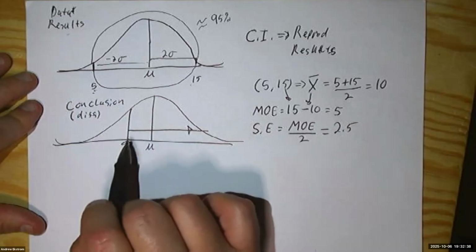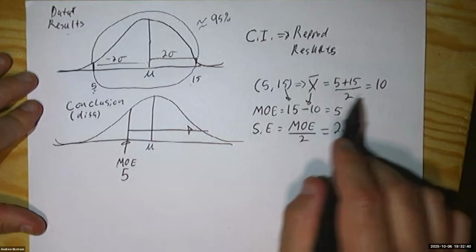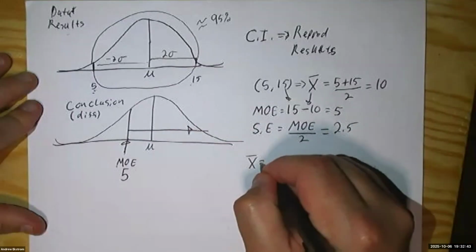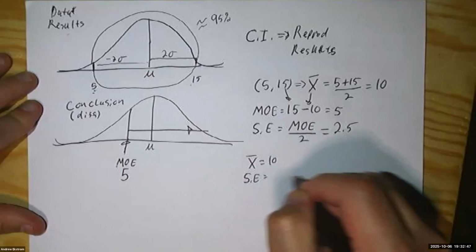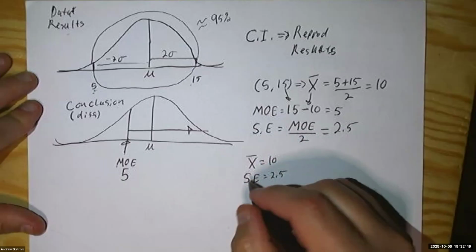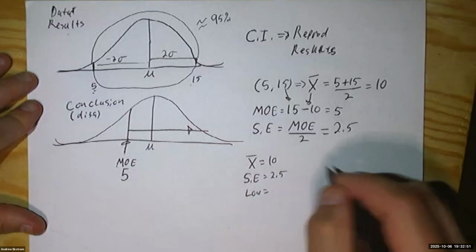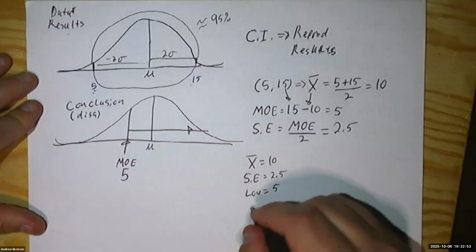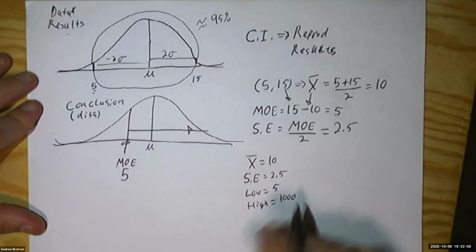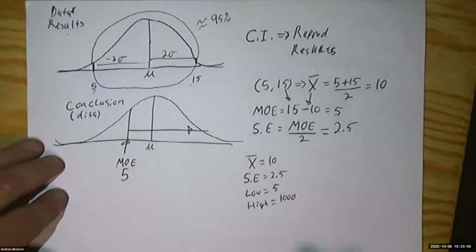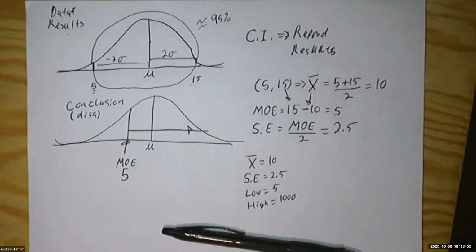Well, what's going to happen now is, based on my average of 10, my standard error of 2.5, my low value of 5, my high value, I can go ahead and make it 1,000. I can put that into a calculator. Doesn't matter what calculator it is.